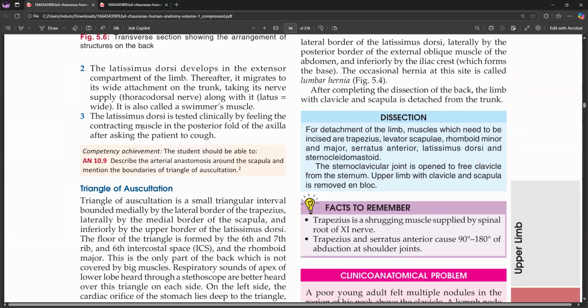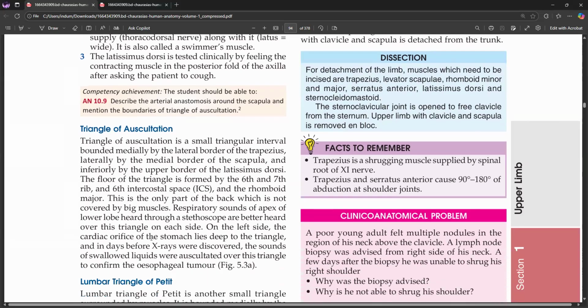Thereafter, it migrates to its wide attachment on the trunk, taking its nerve supply, thoracodorsal nerve. It is also called a swimmer's muscle. The latissimus dorsi is tested clinically by feeling the contracting muscle in the posterior fold of the axilla after asking the patient to cough.